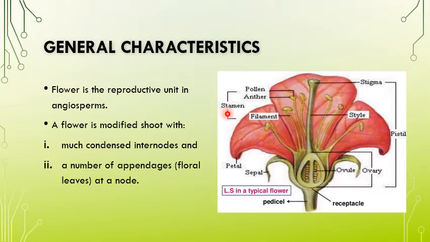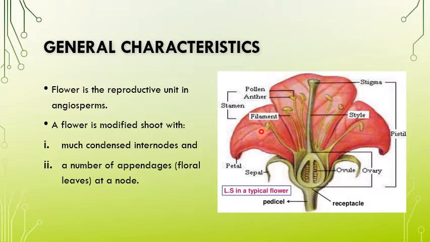When the flower has the complete four whorls, that is calyx, corolla, stamen and pistil, it is known as a complete flower. If any one of those whorls is absent, then the flower is known as an incomplete flower. When both the gynoecium and the androecium, that is the pistil and the stamen, are present in the same flower, the flower is bisexual. If only one of them is present, either male or female, the flower is known as unisexual.